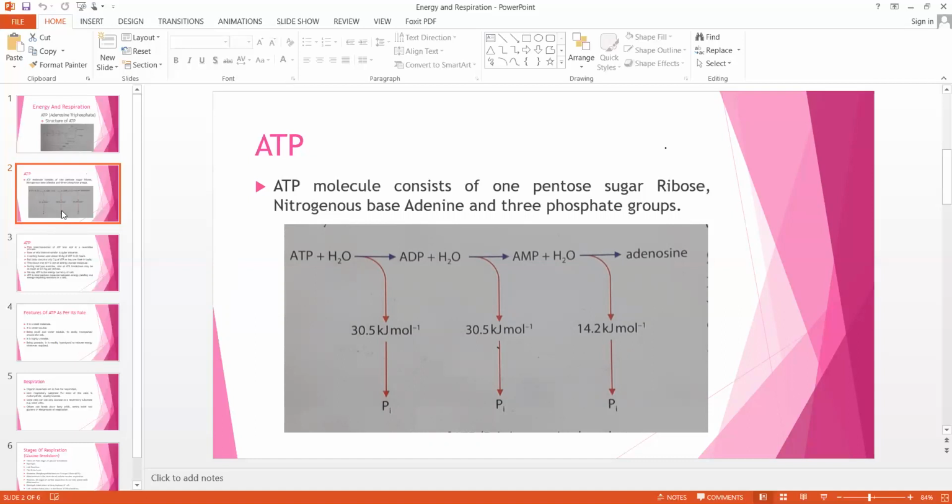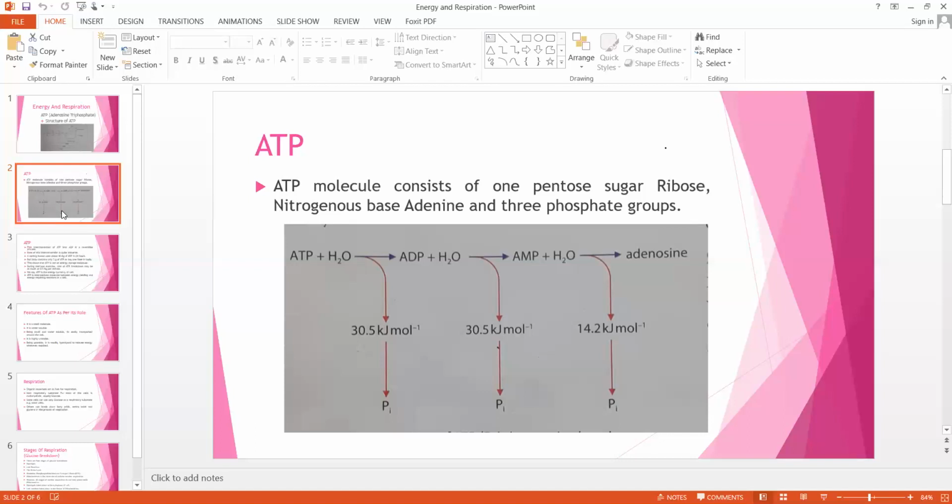Now this factor we have already discussed, why there is a difference in the amount of energy released in the first two steps and the last step. As we discussed earlier, it was thought that the first two bonds, responsible for the breakdown of the first two phosphate groups, are high energy bonds, which is why more energy is released, while the last bond is a low energy bond, which is why a small amount of energy is released.